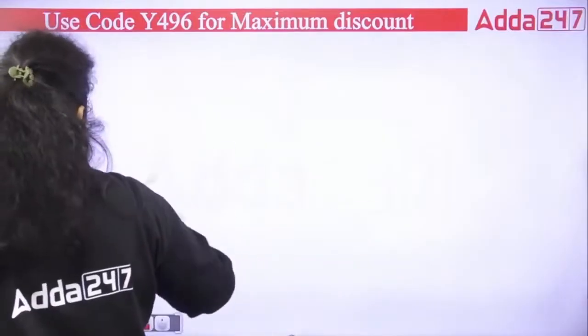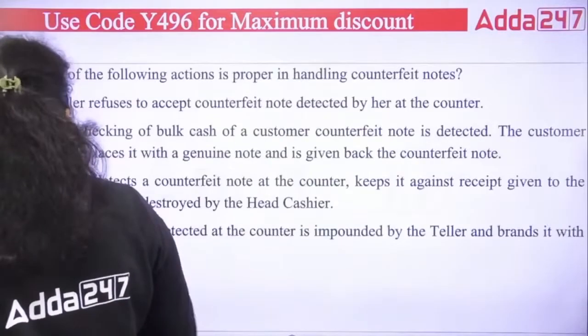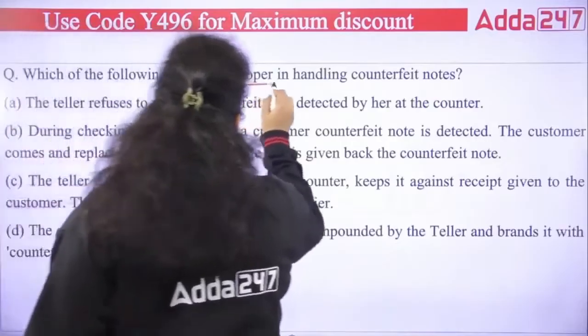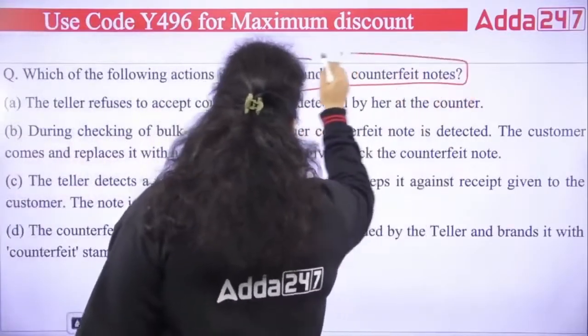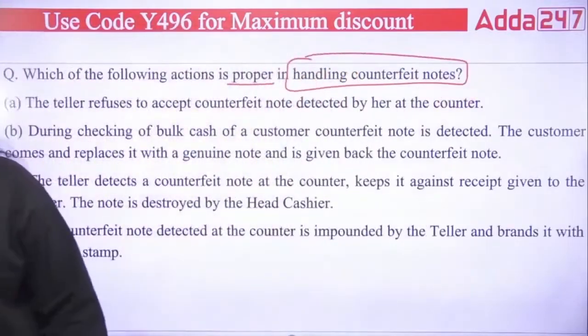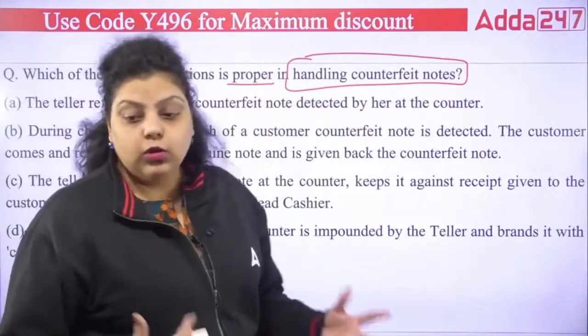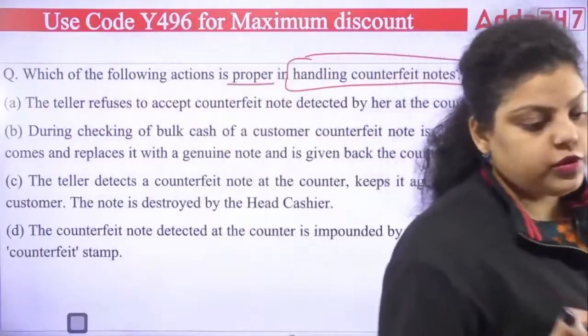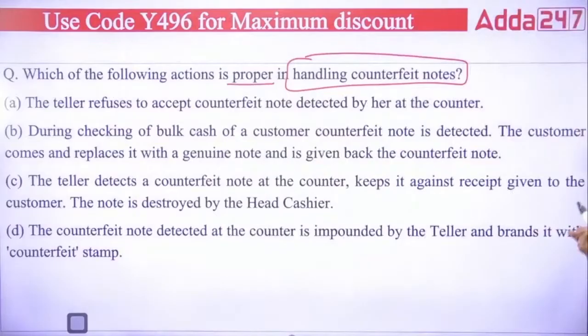Okay, now next. Next is asking here, which of the following actions is proper in handling counterfeit notes? Counterfeit notes are fake currency. So which of the following is the proper action in handling counterfeit currency notes?